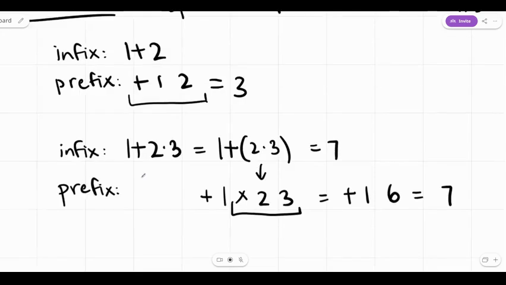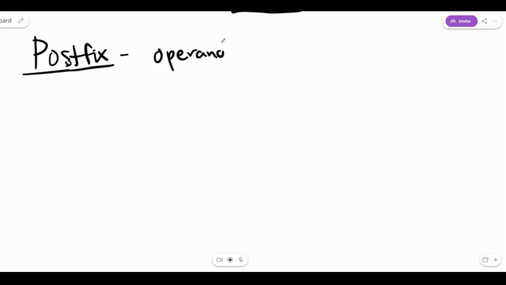So this is a basic example of prefix. Postfix is very similar to prefix. It follows all the same principles except, as the name implies, the operand is placed after the numbers.